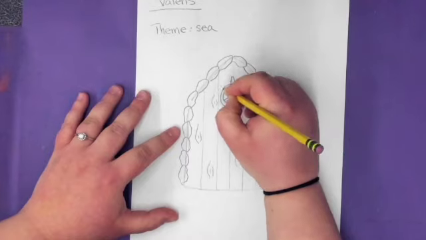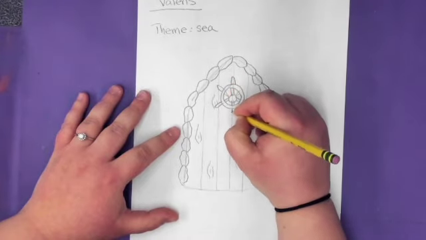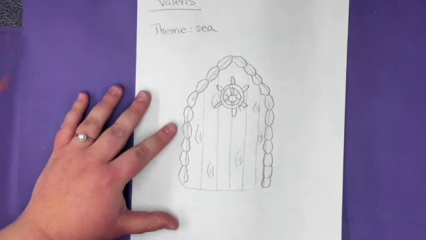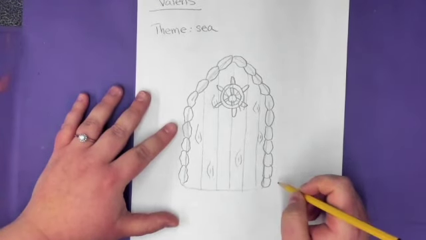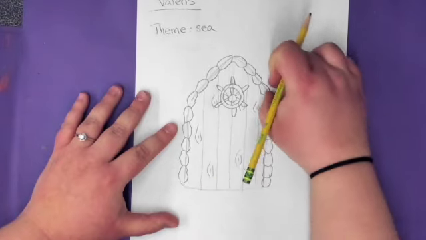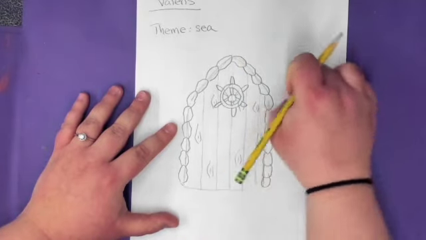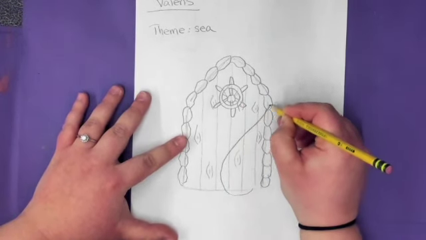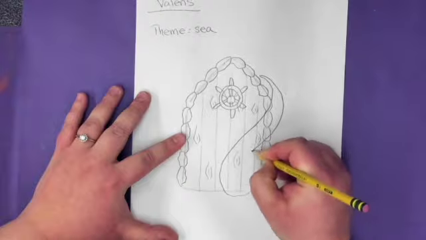Have those coming out. It's going to be tedious to make, but it's going to look awesome when it comes out. Then I also want to have an octopus arm coming out of the door or underneath the door and coming out. And so I'm going to make that so it's overlapping a little bit.